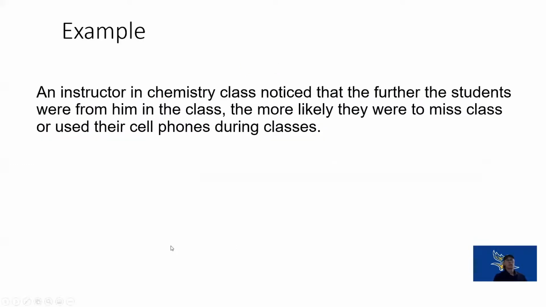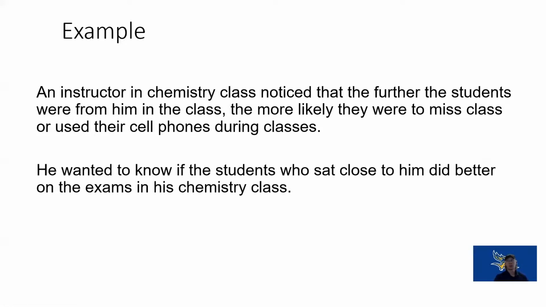Okay, so let's use another, general example. We have an instructor in a chemistry class, and they notice that the students that sit further away were more likely to miss class or use their cell phones during class. He wanted to know if the students who sat closer to the front of the class did better on the exams.